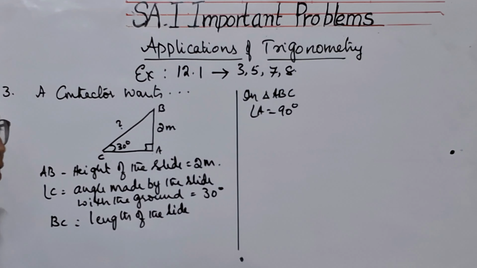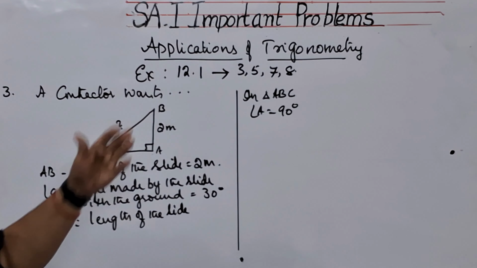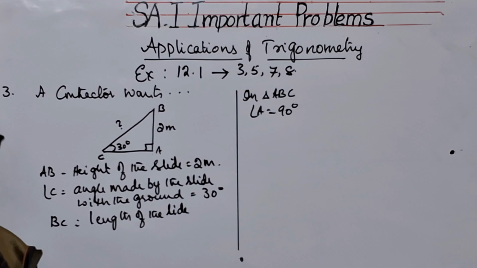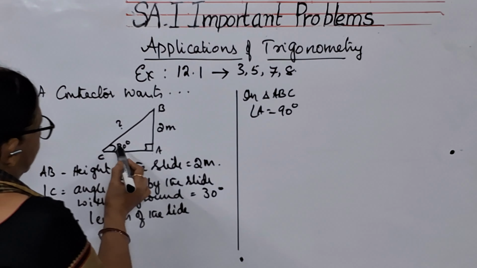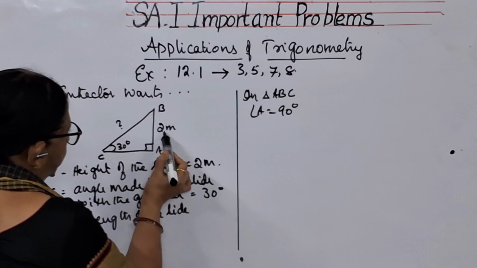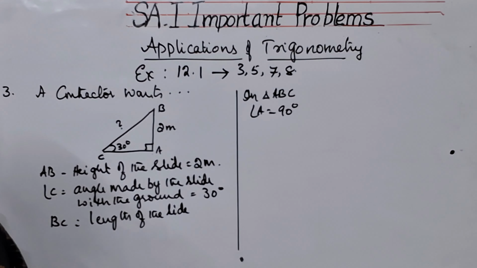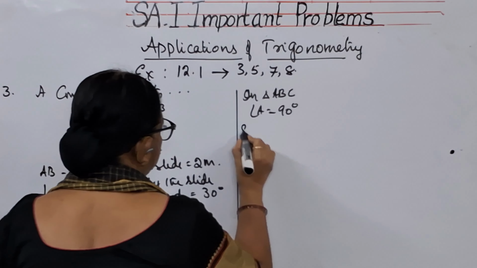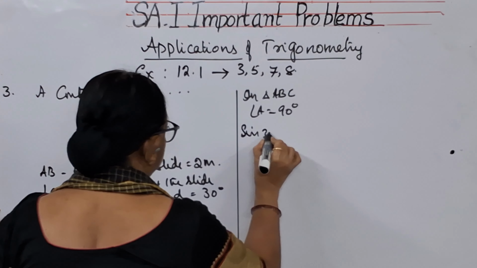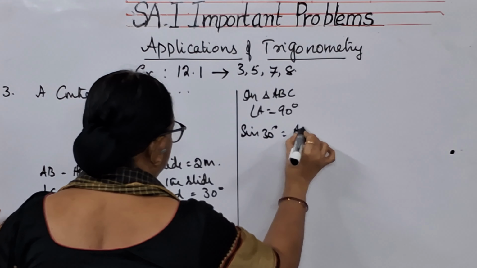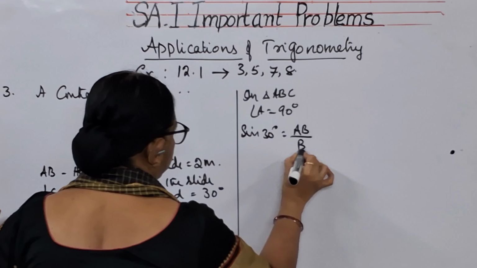This chapter itself is application of trigonometry. You are using the trigonometrical values and solving this problem. Now this is 30 degrees. For this you have the opposite side and you are asking for the hypotenuse. So you can say that sine 30 degrees is equal to AB by BC.